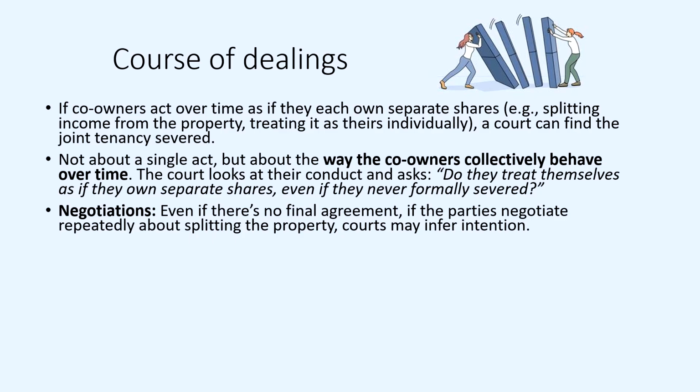But obviously, even though there's different positions there, all of them show an intention to have separate shares, and so in that case equity might still step in and say, well, look, we will just sever the property because that's what your conduct is actually showing us.